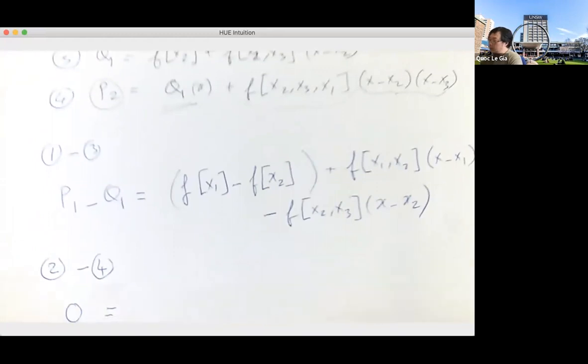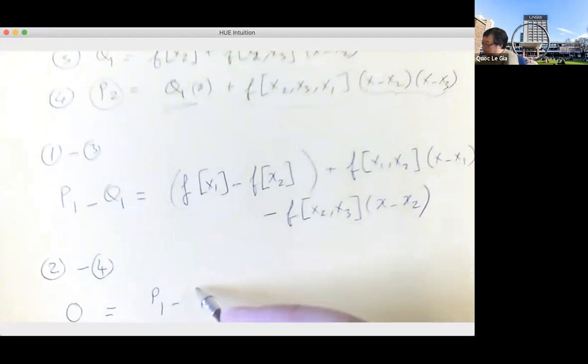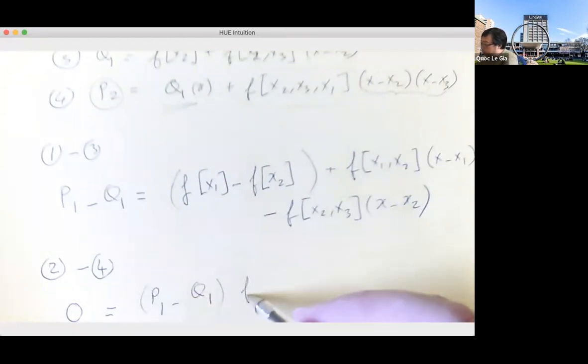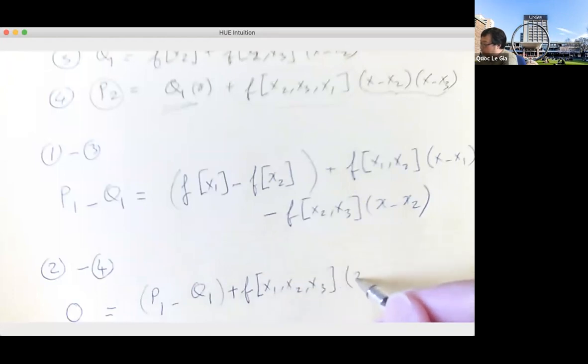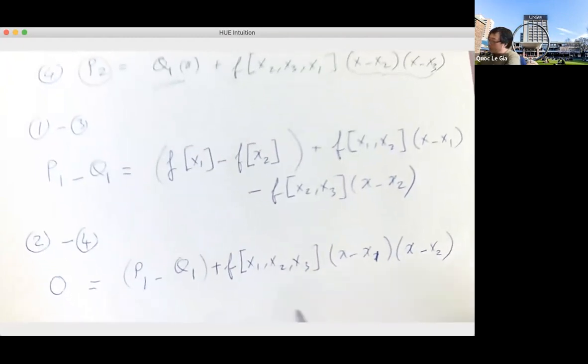Then the right side is P1 minus Q1, plus f of x1, x2, x3 times x minus x1, x minus x2, minus f of x2, x3, x1 times x minus x2, x minus x3.